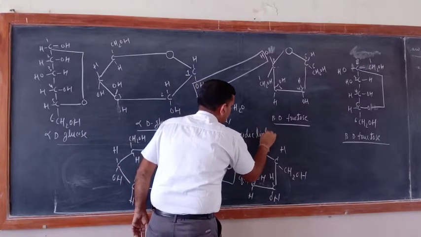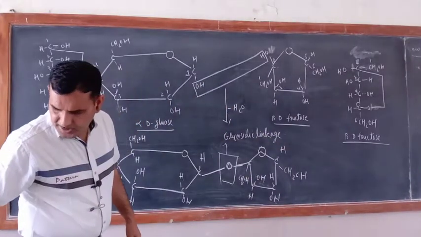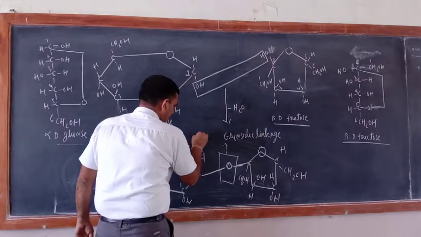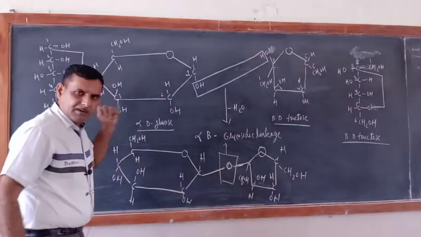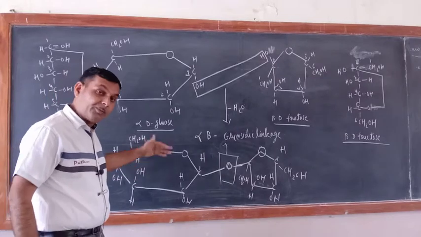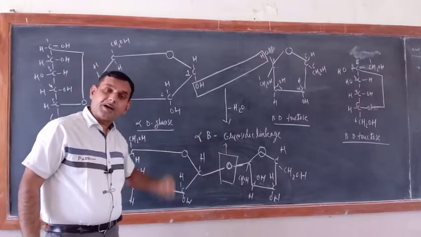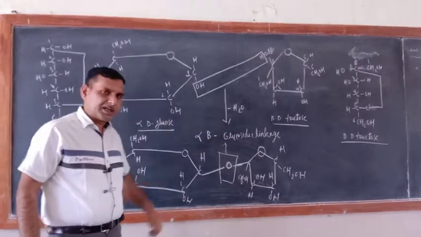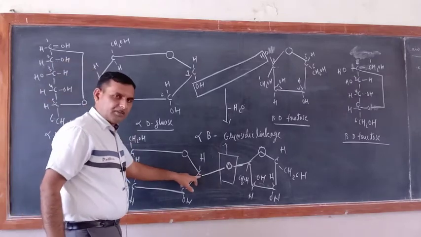We can write this glycosidic linkage in another way also. We can call it an alpha beta glycosidic linkage. Why alpha beta? Because the alpha anomer of glucose and the beta anomer of fructose are taking part. One more thing we can tell, the position of the carbon atoms.